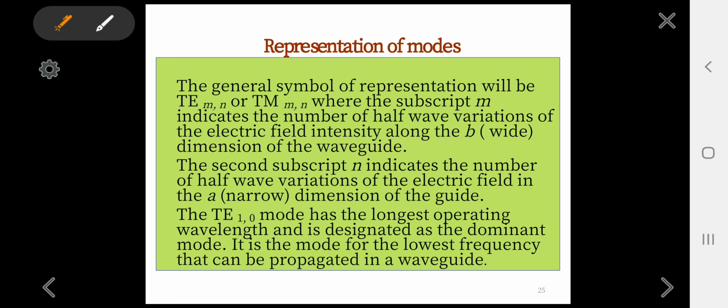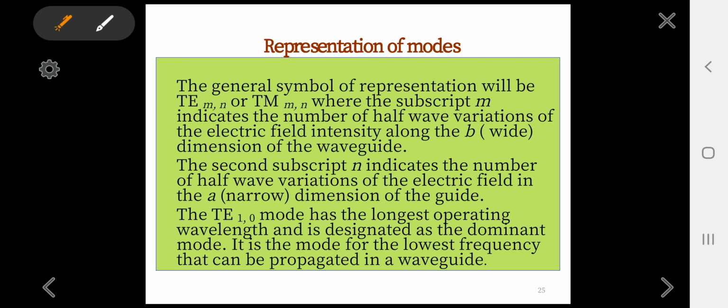Suppose transverse electric field, we can represent it as TE with subscript m comma n, or similarly transverse magnetic field TM with subscript m comma n, where the first subscript m indicates the number of half wave variations of electric field intensity along the b side, the dimension of the waveguide, and the second subscript n indicates the number of half wave variations of electric field intensity with respect to a. So a is the narrow dimension.